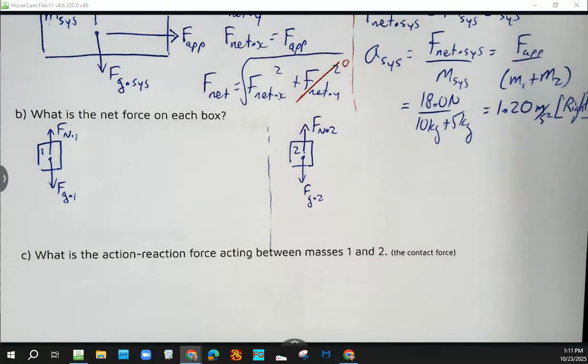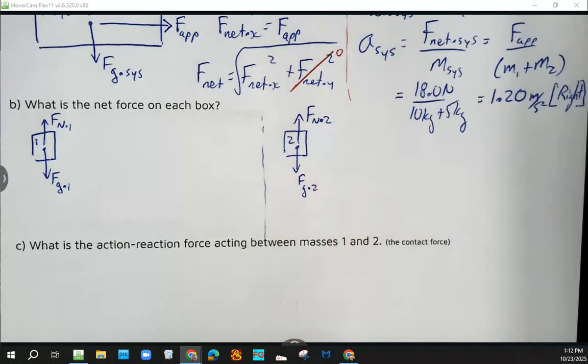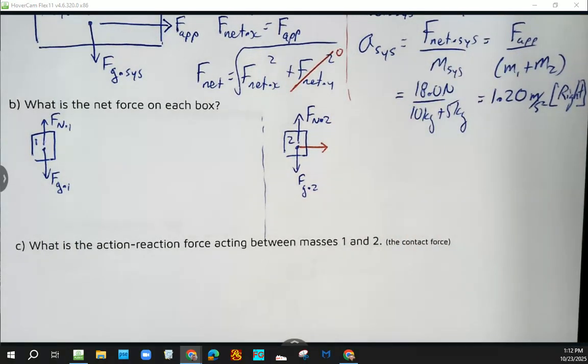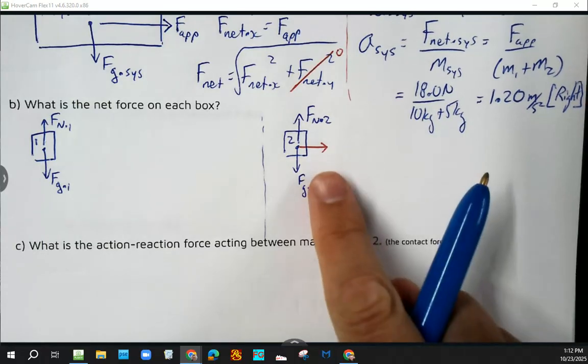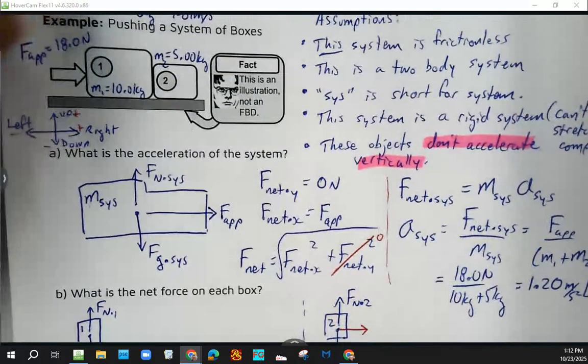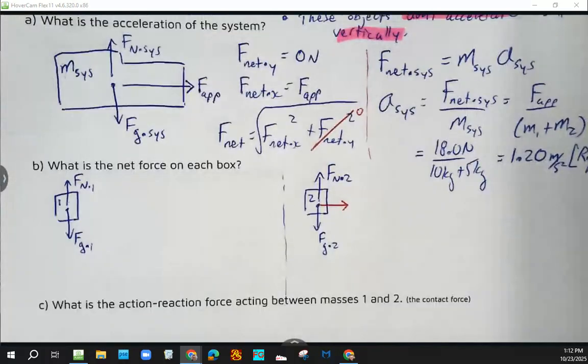If I look at the free body diagram for box 2, I'll just draw this vector. What should I call this? What would that one be called? Look at your illustration. That force there, 1 acting on 2. It would be the force of 1 acting on 2.